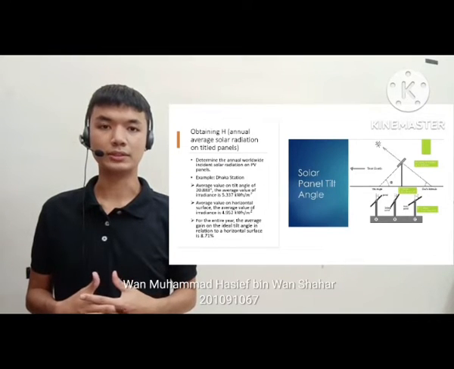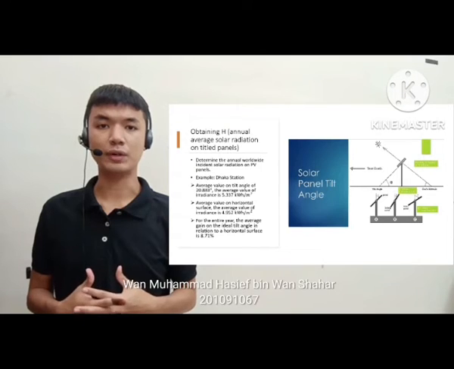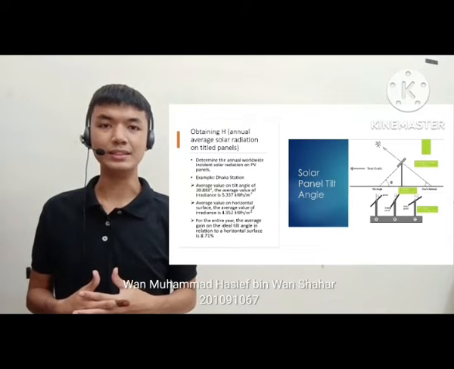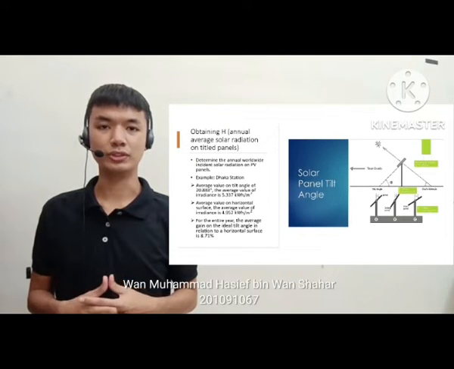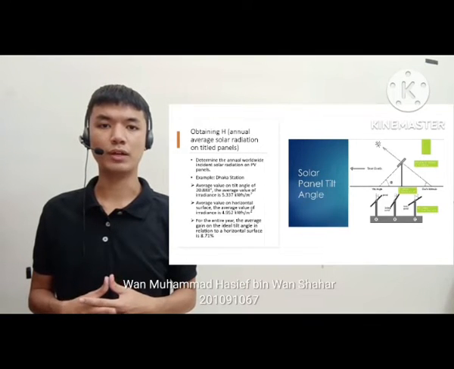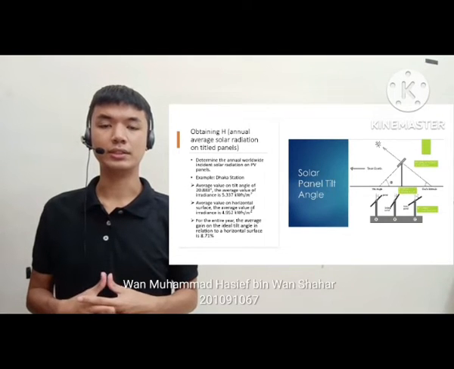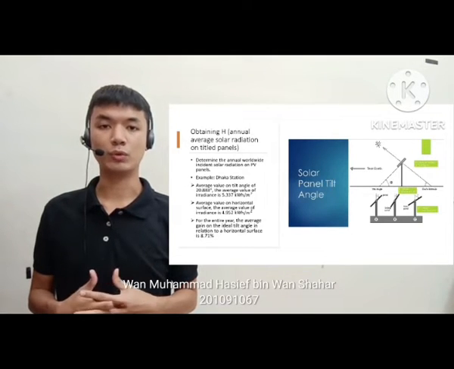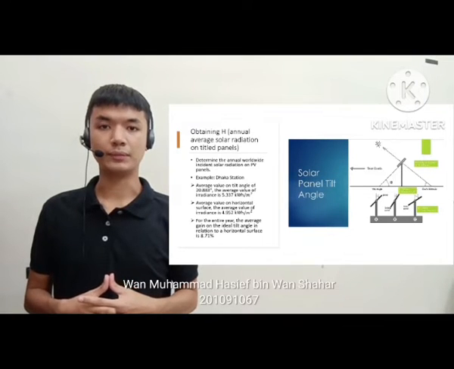For example, at Dhaka station in Bangladesh, it is found that the optimal tilt angle of 20.833 degrees results in an average solar irradiance value of 5.337 kilowatt hour per square meter day, whereas the average solar irradiance on a flat surface is 4.952 kilowatt hour per square meter day.